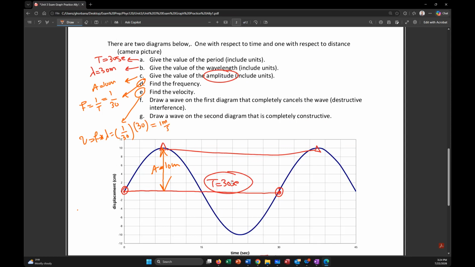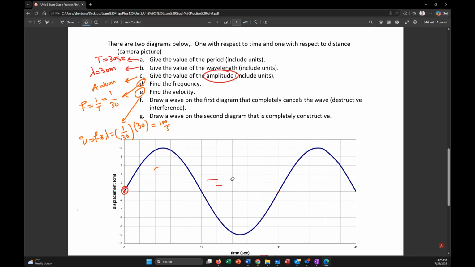Okay, good. F is telling us to draw a wave on the first diagram that completely cancels the wave. Let me erase this. Draw a wave that cancels this wave. It means they should be in opposite phase.